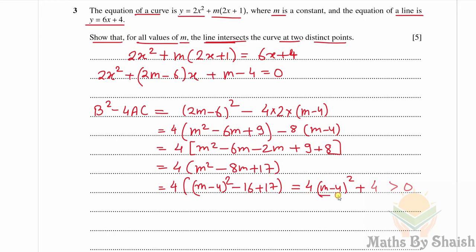This will always be positive for any value of m, so this is greater than 0. We can also write it for all m that (m minus 4) whole squared is greater than 0, so b squared minus 4ac is greater than 0, and hence there are going to be two distinct points of intersection of this line and the curve.